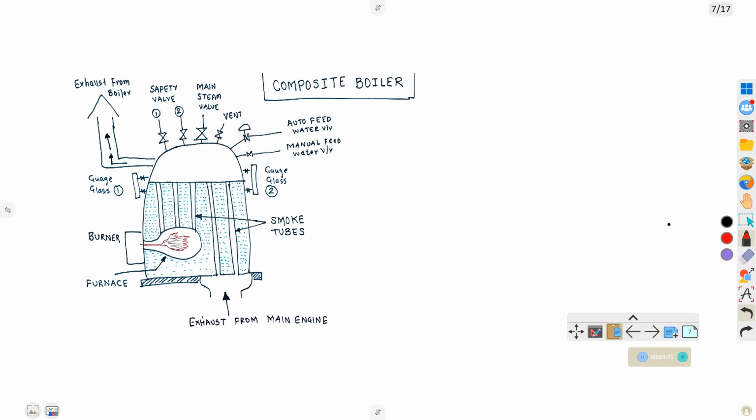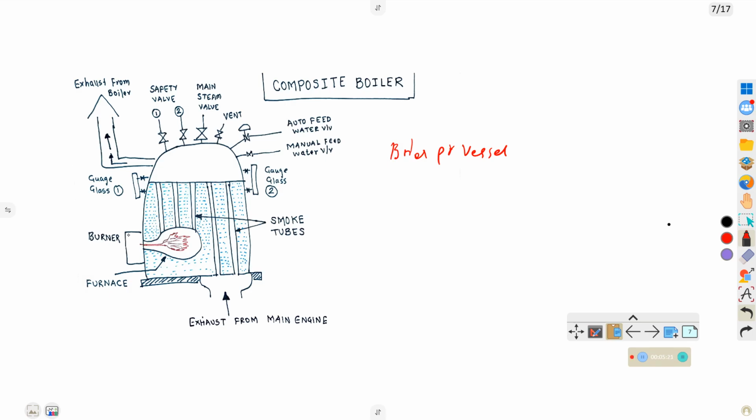So we'll try to find out the main accessories of the boiler, starting with the composite boiler. First of all, a boiler is a pressure vessel. In port it is used as an auxiliary boiler.